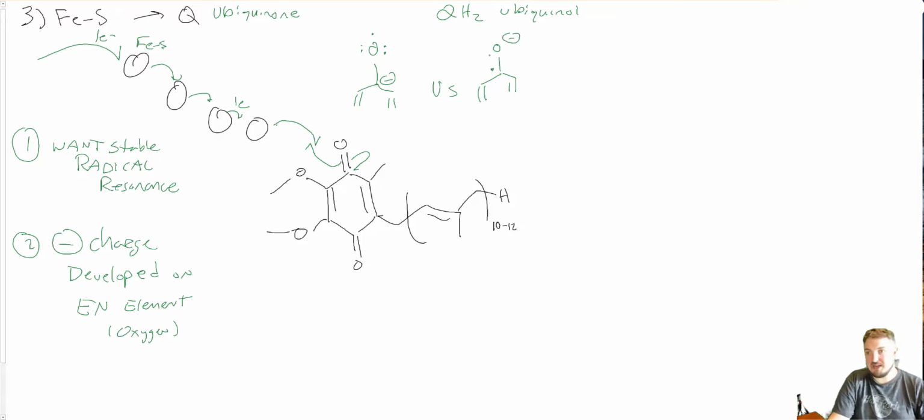That negative charge up here on oxygen is a favorable system, and we can still resonate the radical. We can do resonance in either form, but the radical is more stable when it's spread out. The radical itself is a violation of the octet rule, so we want to spread that around as much as possible, and the oxygen gets the negative.